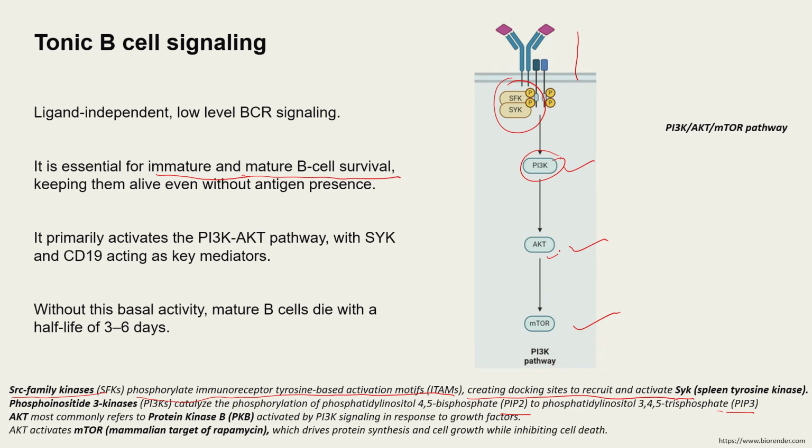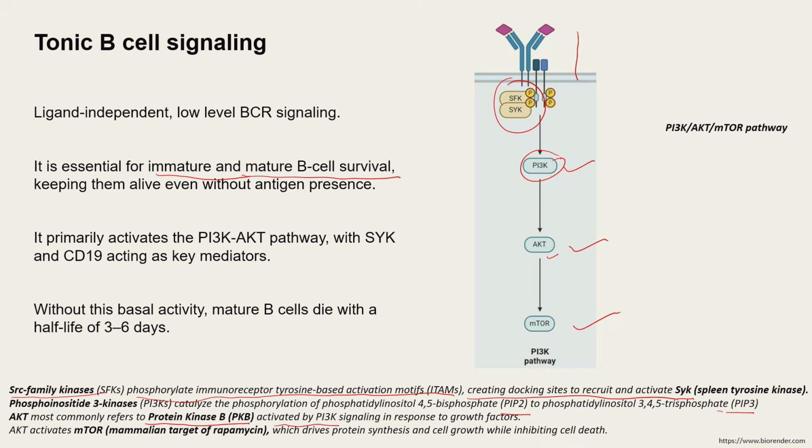Then AKT is another molecule, also called protein kinase B, and it is activated by PI3 kinase signaling in response to growth factors. So essentially this protein gets activated even without any ligand activation of the B cell, just to make the B cell survive.